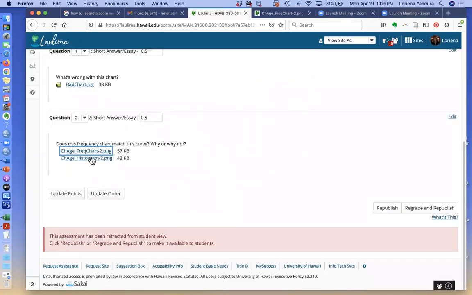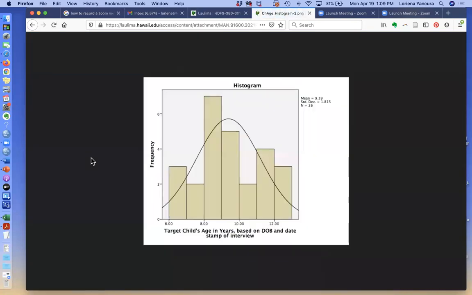And I asked you if it matched the histogram. And it's not perfect, definitely not perfect, but if I had to impose a curve on it, I could do it there, and it kind of matches.